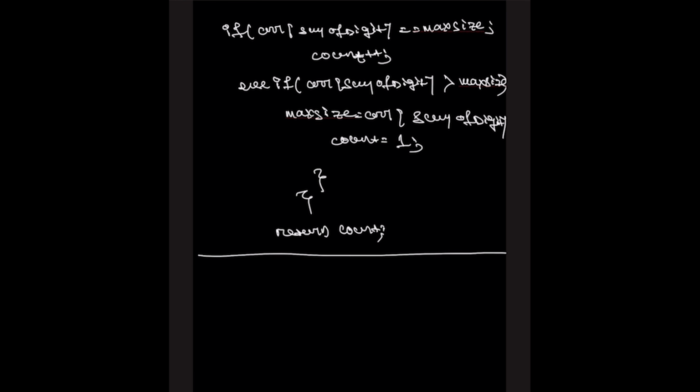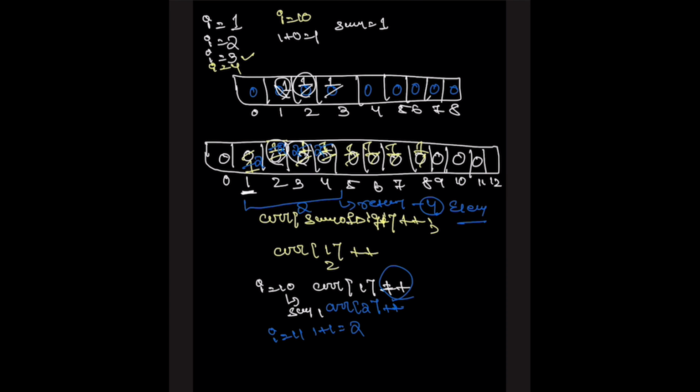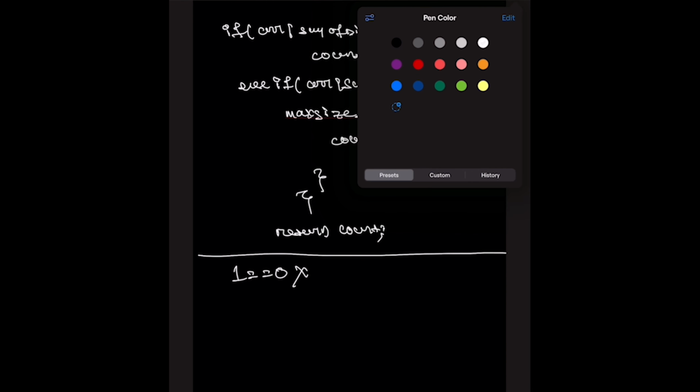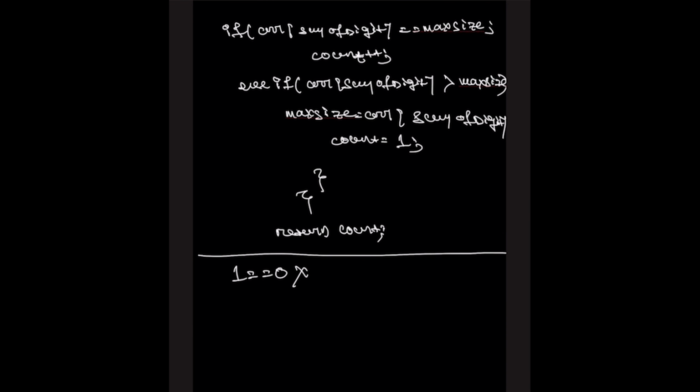What happened here? Let's check. Initially the sum of digit, 1, will be checked with max size. Is it equal to 0? No. Then is it greater than 0? Yes, 1 is greater than 0.